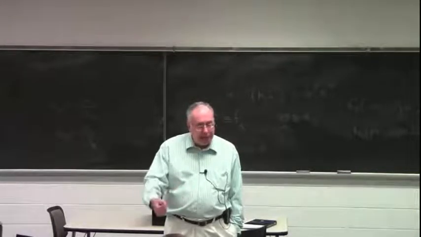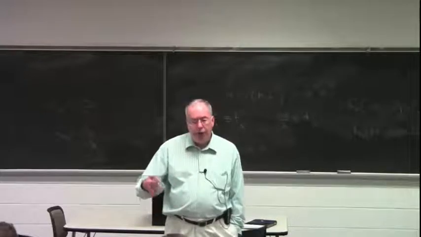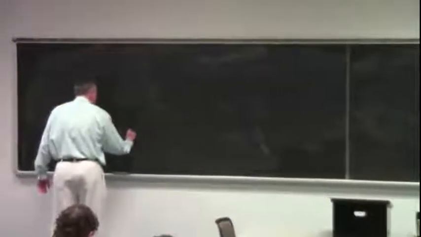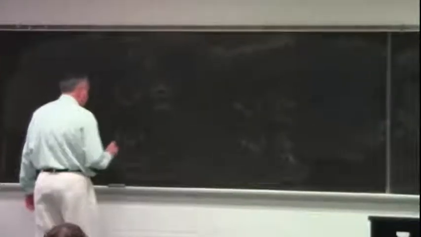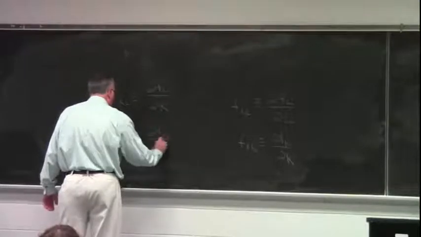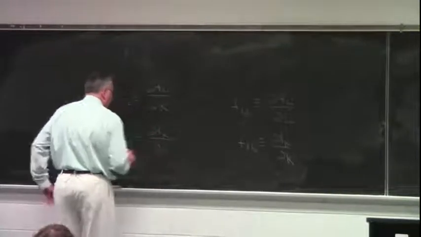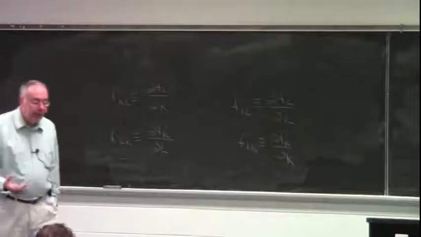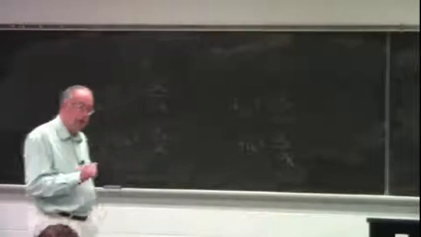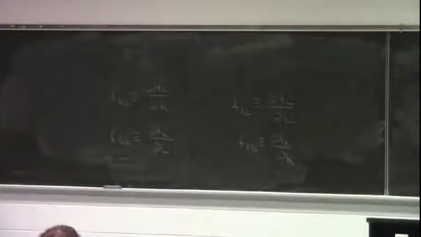So the K comes first, so you're differentiating with respect to L. And in a similar fashion, F sub LK, if we were to reverse this, this is the partial derivative of F sub K with respect to L. Okay. At least that's the way Chang defines it. You could define it differently, but this is the way Chang defines these partial derivatives to be.